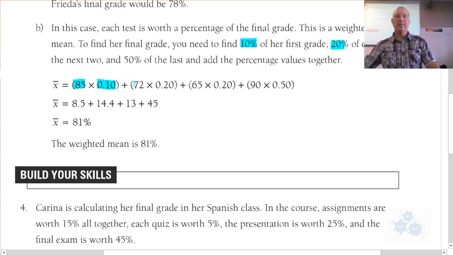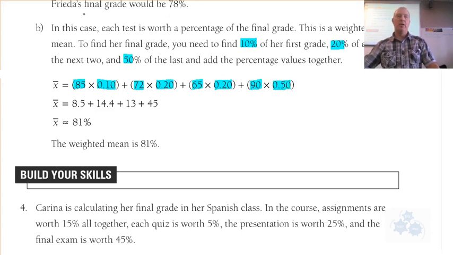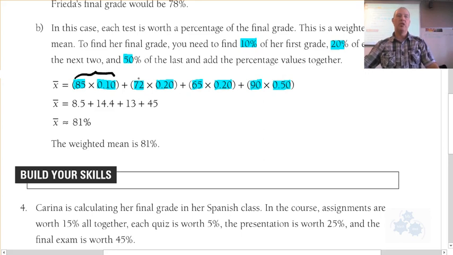So 72 was her next exam, and then you multiply that by the decimal form of its weight. 65 was also worth 20%. Multiply that number by the decimal form of its weighting. And then 90 is worth 50%. This last grade, you multiply the raw grade by 0.5. This is how you weight each value.